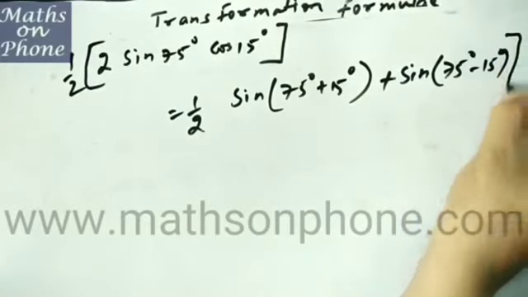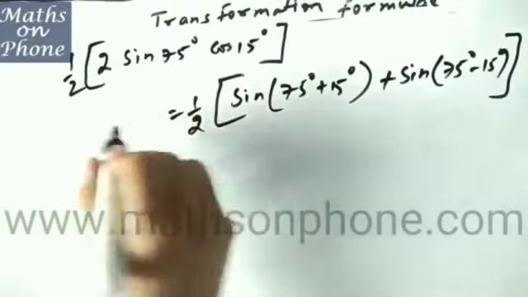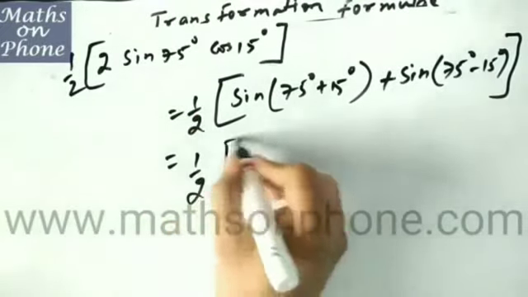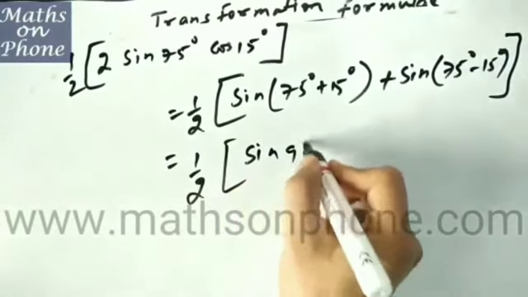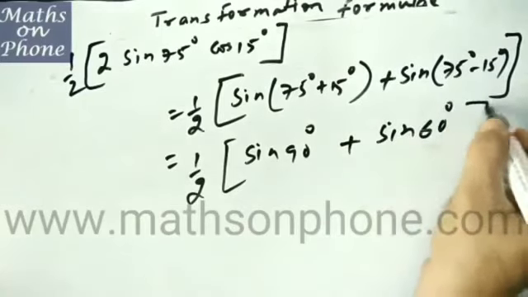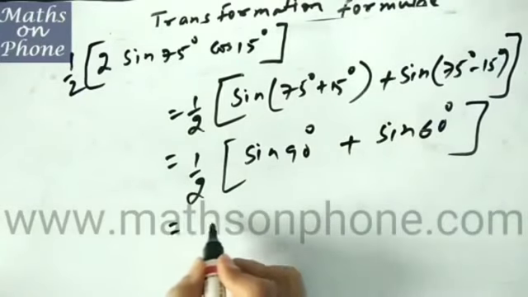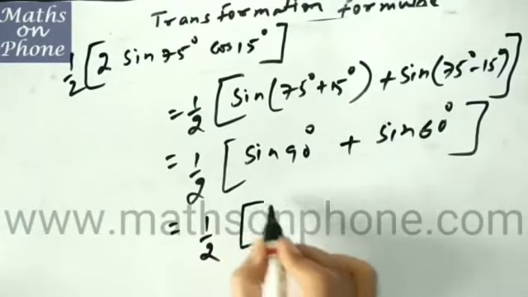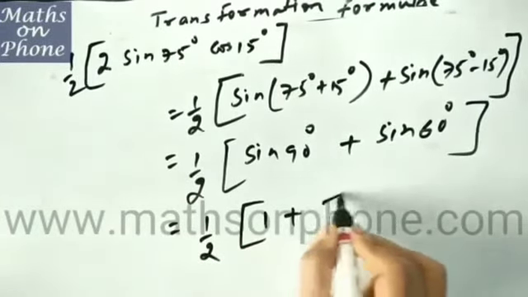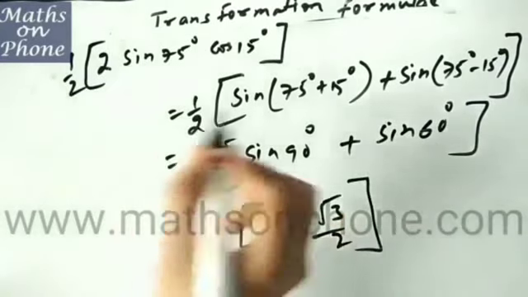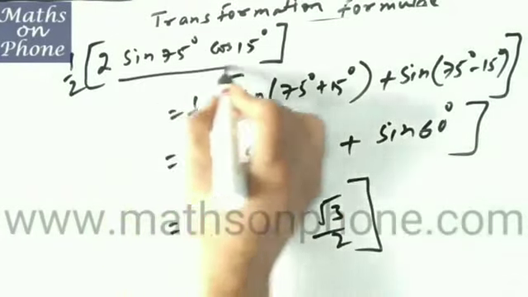Just put a bracket because the half is for the complete thing. So it is coming out to be 1/2 times sin 90° plus sin 60°. We know the value of 90, we know the value of 60, so we can easily find the value of the given expression. Sin 90 is 1 and sin 60 is √3/2. So we got the value by just applying the transformation formula.